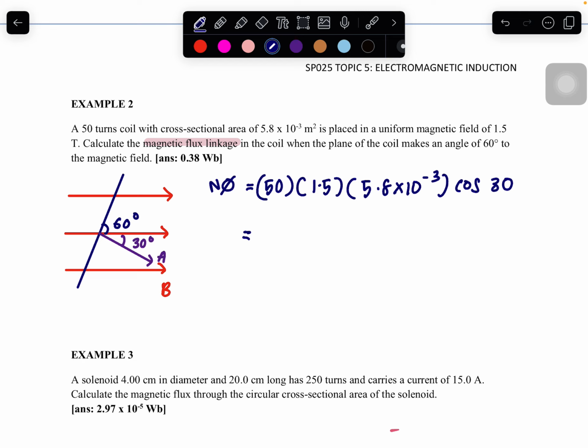So it will be equal to 0.38 Weber. Let me double check first. Okay, 0.38 Weber.